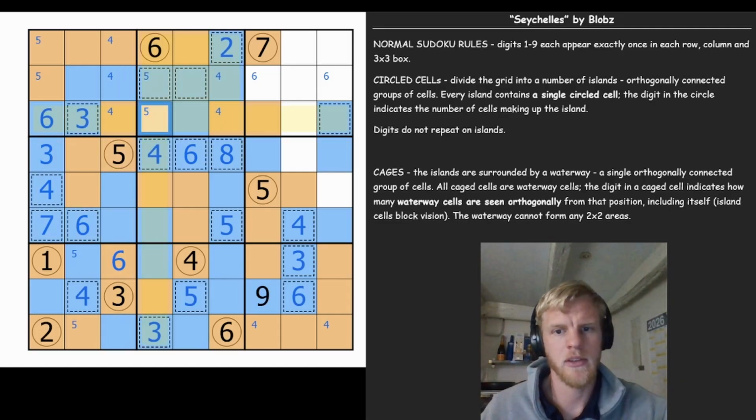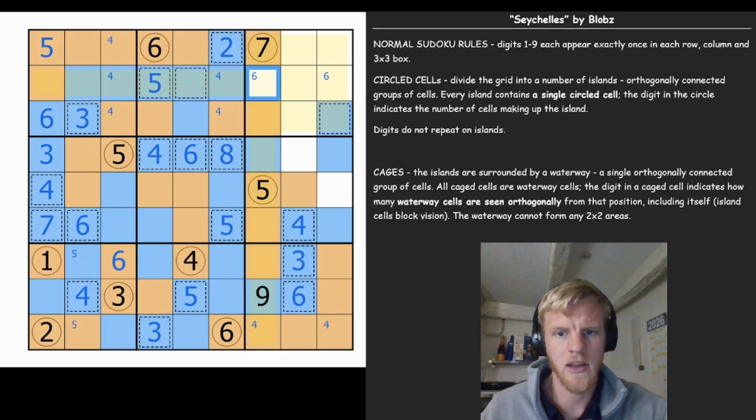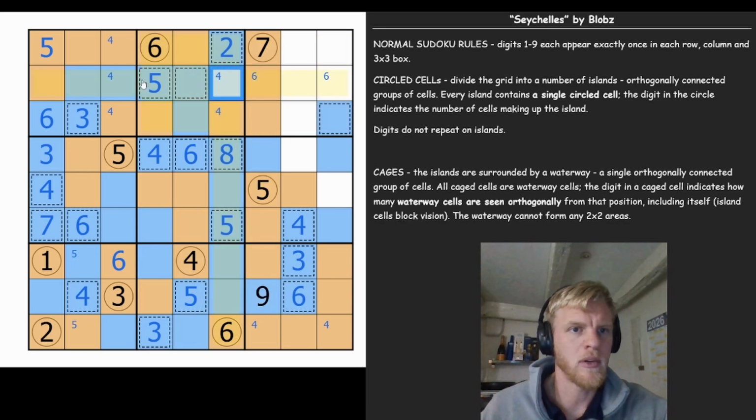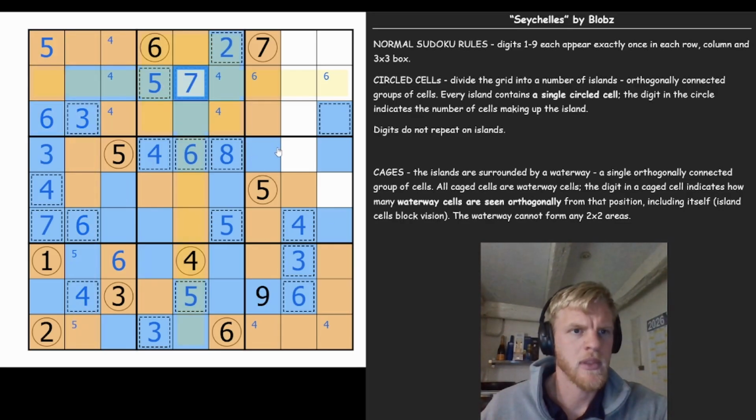5 cannot repeat in an island, so that's our 5. And 5 here. So we do know 1, 2, 3, 4, 5. That's an island cell. And we do know 3, 4, 5, 6, 7 in here.